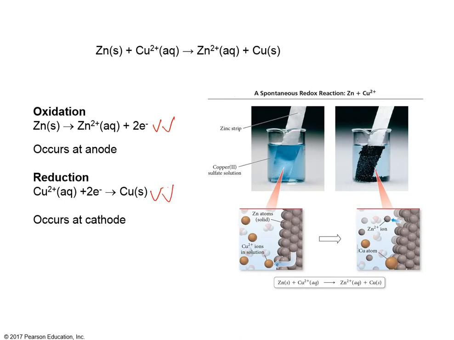So let's look at the terms anode and cathode. So an anode is where oxidation occurs.